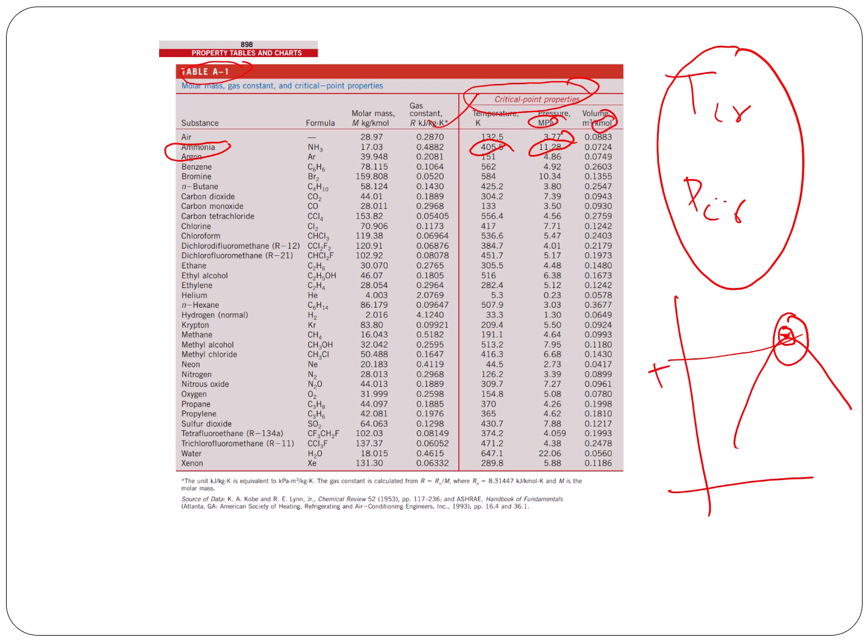But most of the time when you are doing the calculation in SI units, we want cubic meter per kg, right? It's not given. That's why we get the critical specific volume from this equation, because if you know the temperature and pressure, then you can find the critical volume.